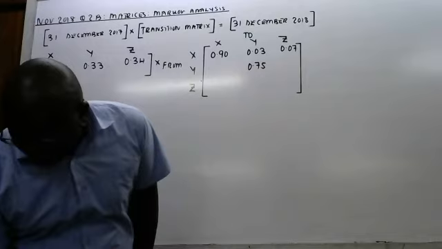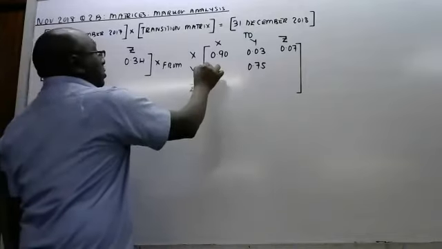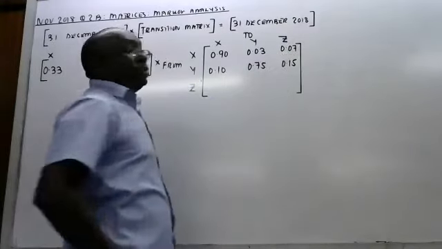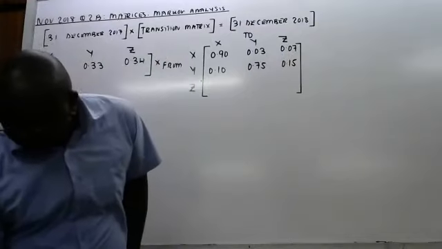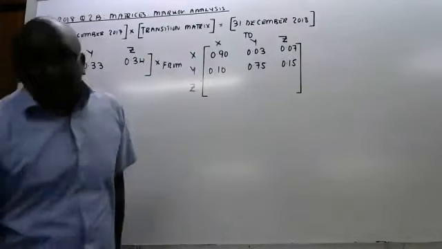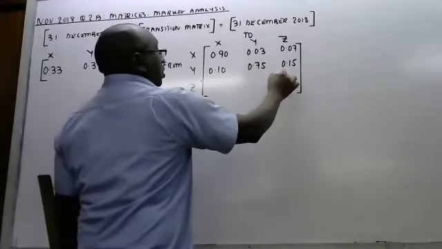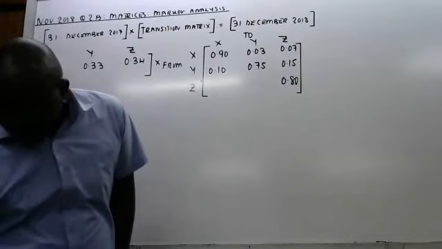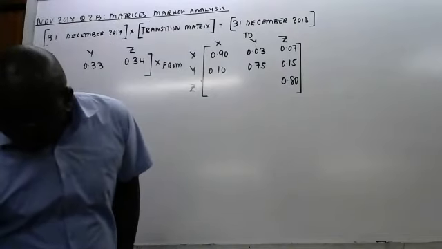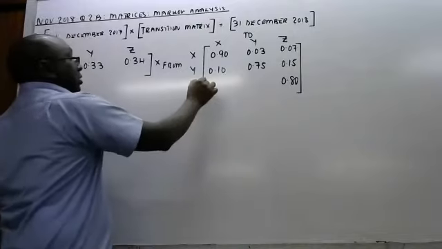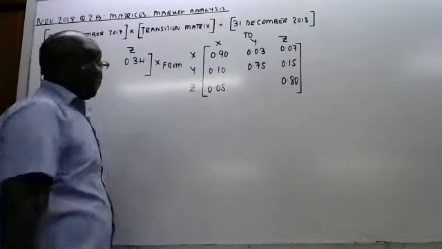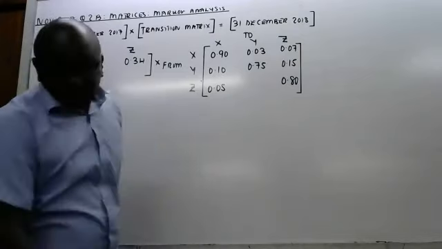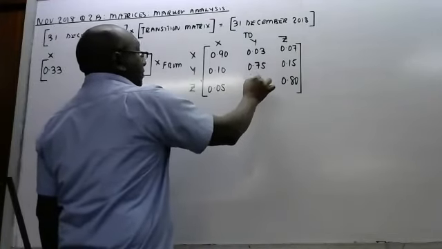And they lost 10% to X, so 0.10, and 0.15 to Z. Z retained 80%, so ZZ is 0.80. And they lost 5% to X, so 0.05, and 15% to Y, 0.15.